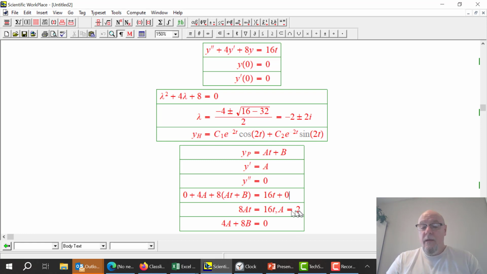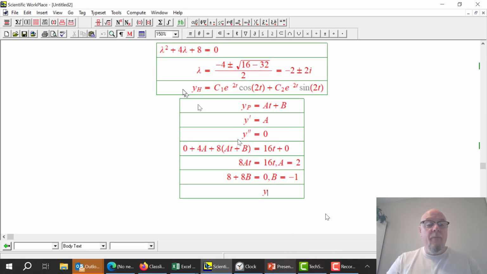I already know that a is equal to 2, so 4 times 2, that's an 8. So that means 8 plus 8b has to be 0, b has to be -1. So now we know our particular solution. Our particular solution has to be equal to 2t minus 1.